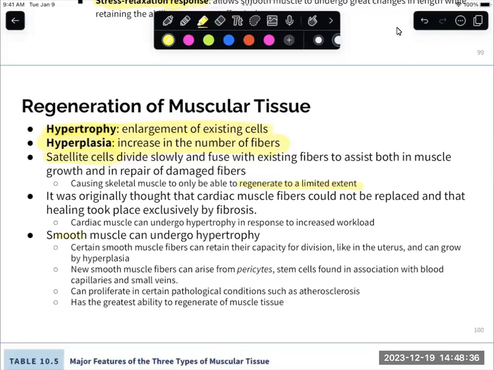Smooth muscle can also go through hypertrophy, so the cells can get larger. Think about the uterus. When a female gets pregnant, it's getting larger and larger. They can also go through hyperplasia, more and more cells. Smooth muscle comes from pericytes, which are the stem cells of smooth muscle.